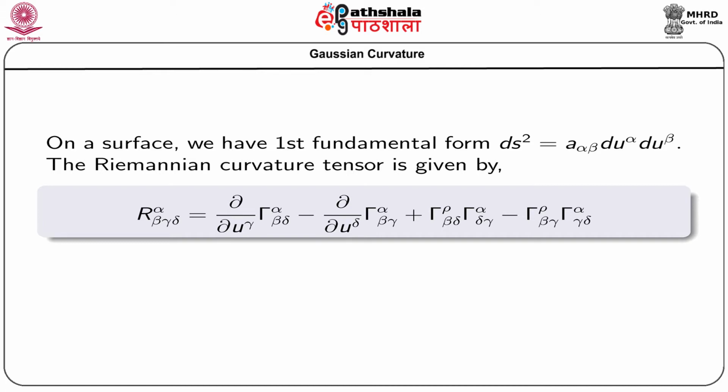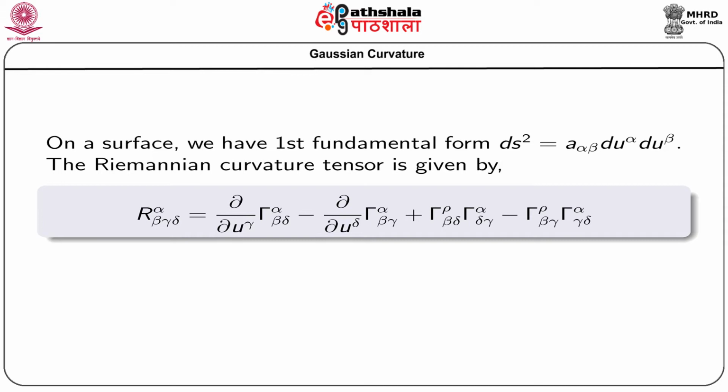Earlier we have obtained the Riemann curvature tensor for a space, written in the form R h i j k, where i, j, k, h are the space indices and alpha, beta, gamma, delta are the surface indices. So, here we are expressing this Riemann curvature tensor for a surface.